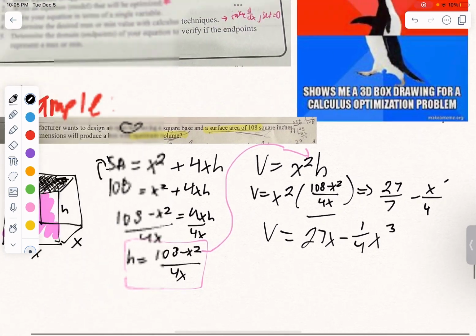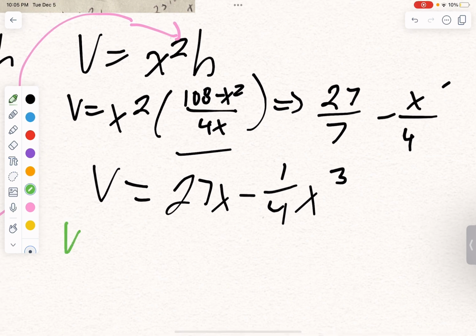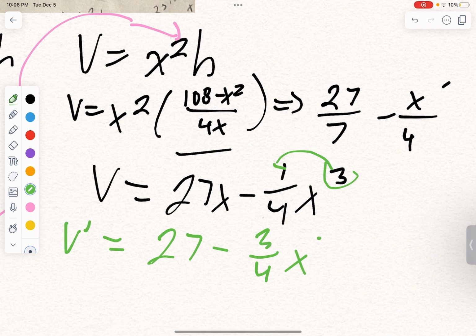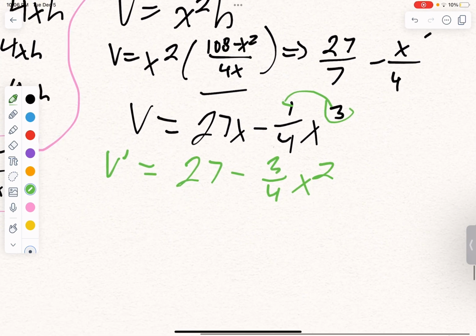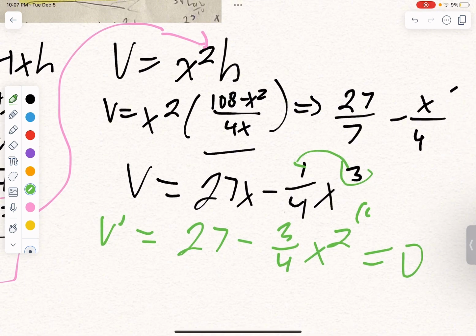Alright, now we need to find the derivative. The derivative is going to be 27 minus 3/4 x squared. And there's your derivative. And we're going to set this equal to 0. Let's try and solve this out.